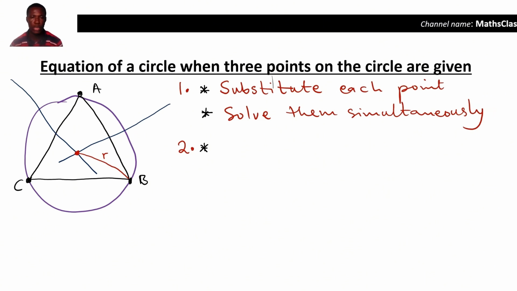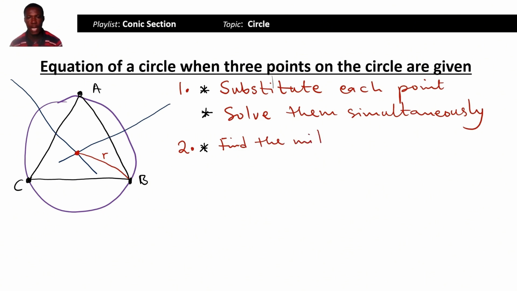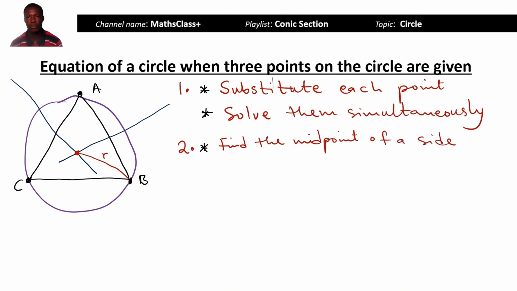So what we will do is that because the bisector is dividing the line into two equal halves, it means that the bisector will pass through the middle of the line. So we find the midpoint of a side. Then when we find the midpoint of a side, we also find the gradient of that same side.